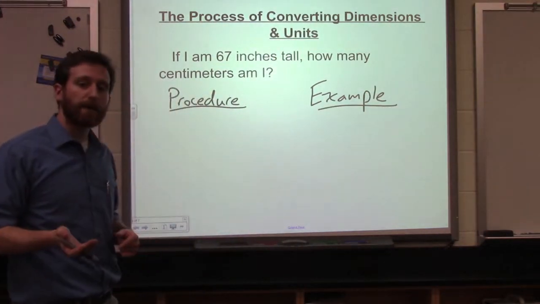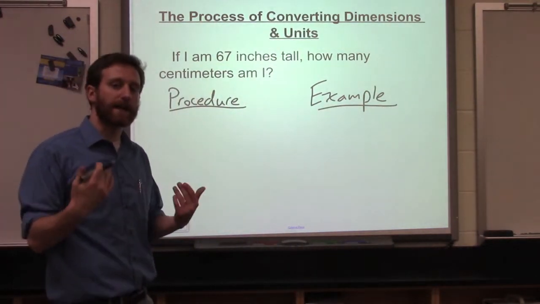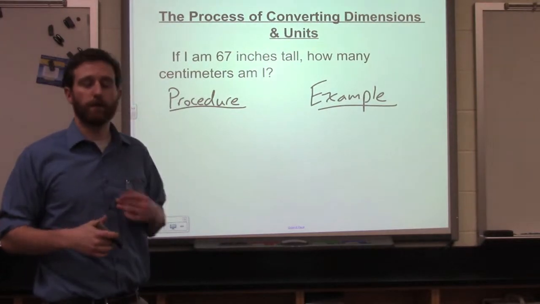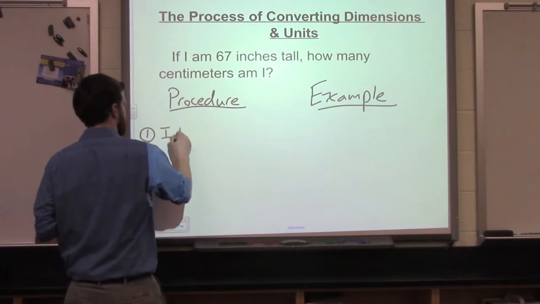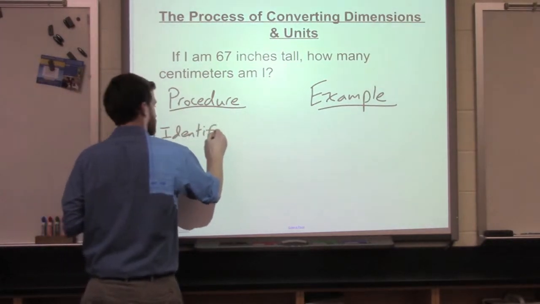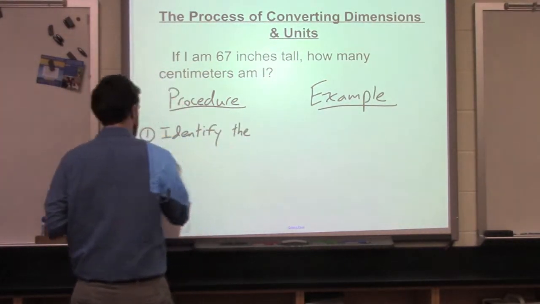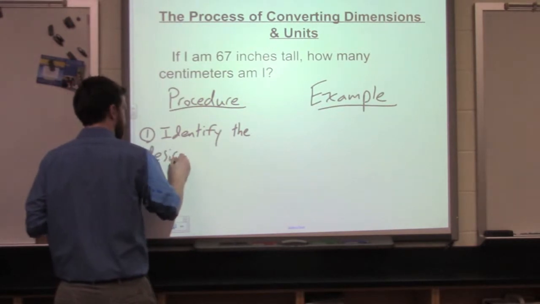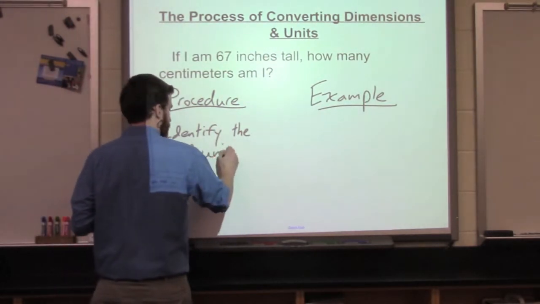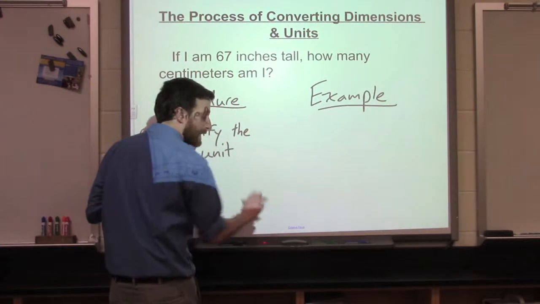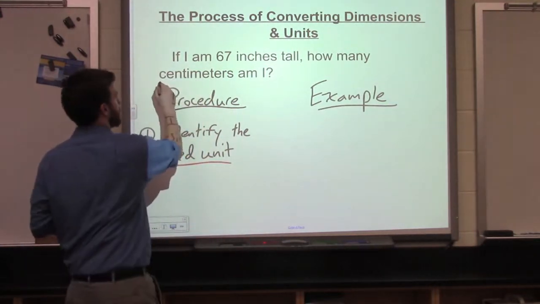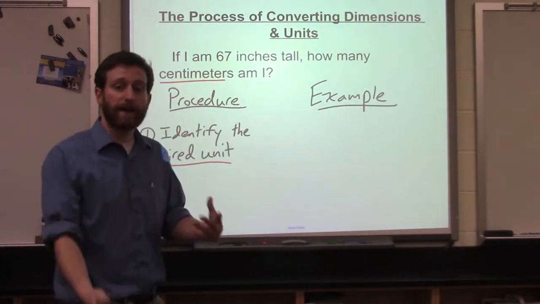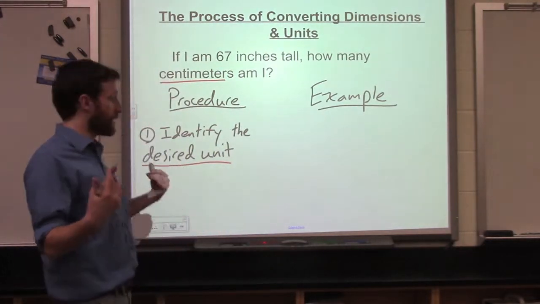So the first thing I want to do is identify what the desired unit is. What unit will my answer be in? So here, the desired unit is centimeters. I know that once I get an answer in centimeters, then I'm done.